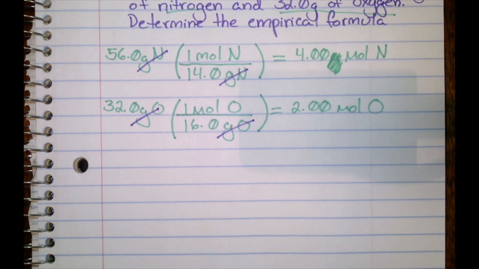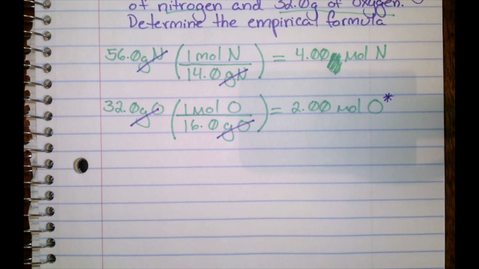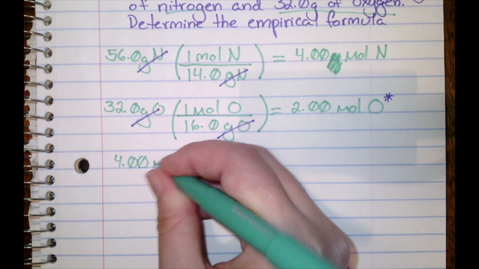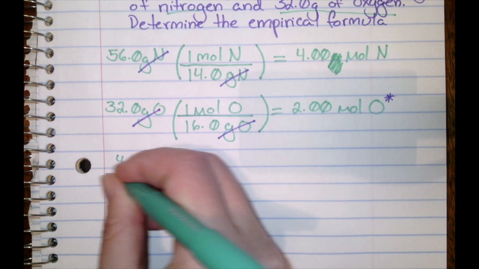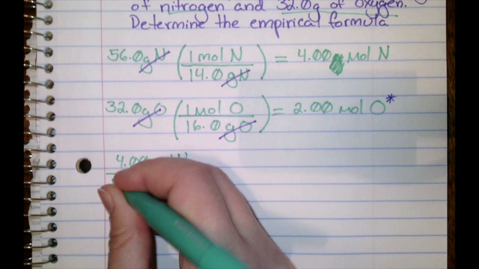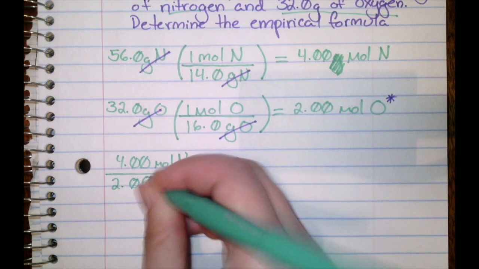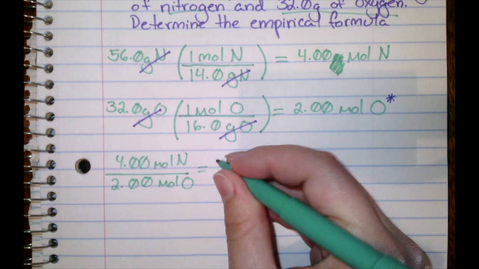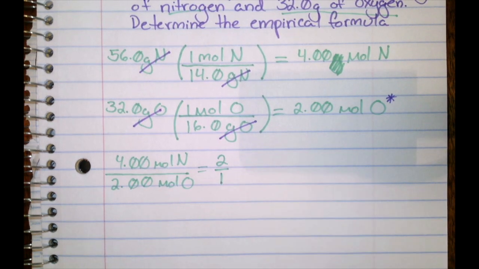Now that I've determined the moles of each element, I need to divide to find my mole ratio. Well, oxygen is the smallest, so that's going to be my denominator here. So I'm going to take my 4.00 moles of nitrogen, divide it by my 2.00 moles of oxygen, and that's going to give me a ratio of 2/1.